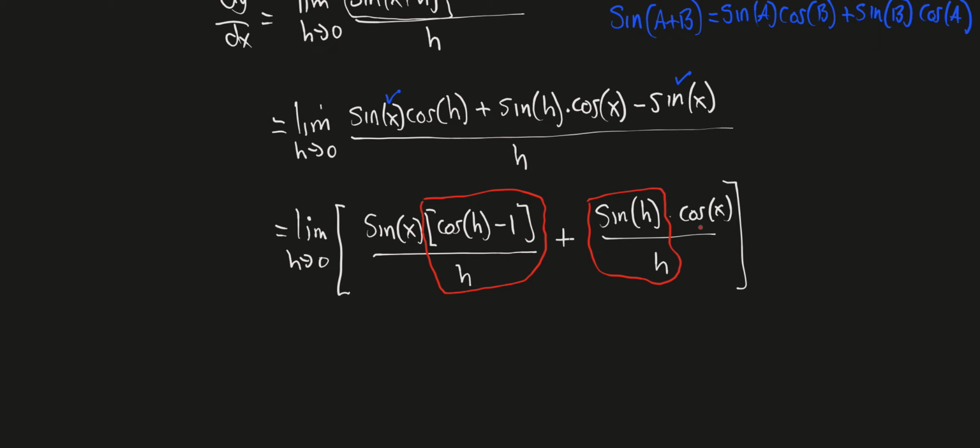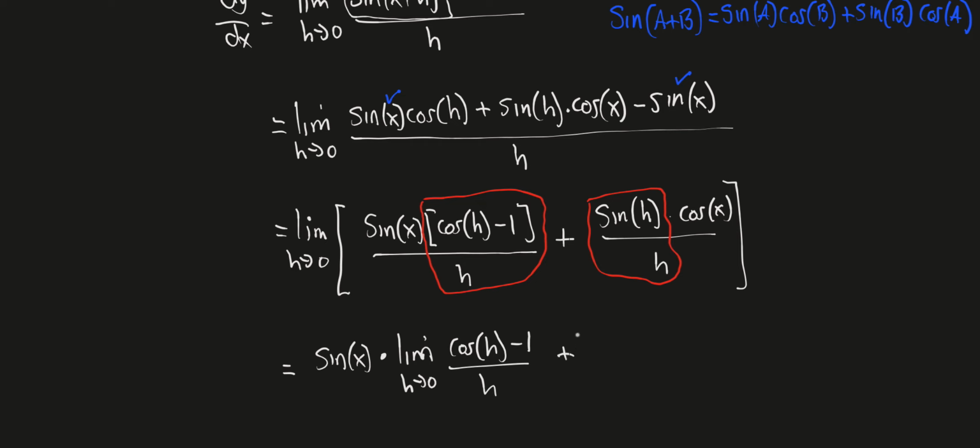Also, this is unaffected by the limit. So it allows me to do this. The sine of x is unaffected by the limit because there's no h in this factor, so essentially what I can do is factor it out. And then what's left is the limit as h approaches 0 of the first thing I have in red, the cosine of h minus 1 over h.